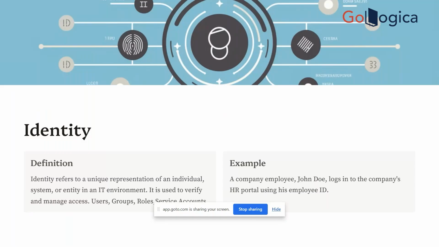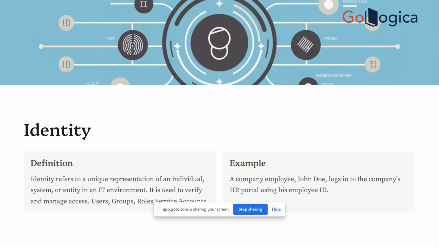Service accounts are those accounts which mostly work on the services side, like an admin privileges account, a security admin account, and any kind of service account which works with limited accessibility on that area. So we call it a service account, and a service account we also call an identity.